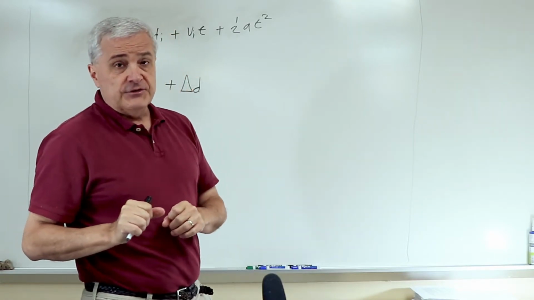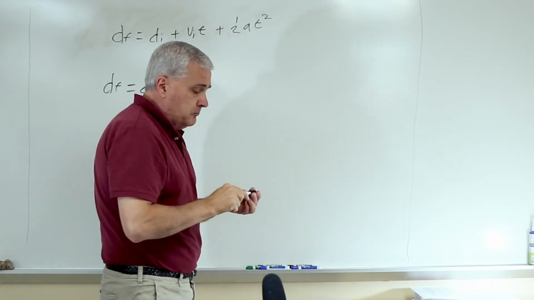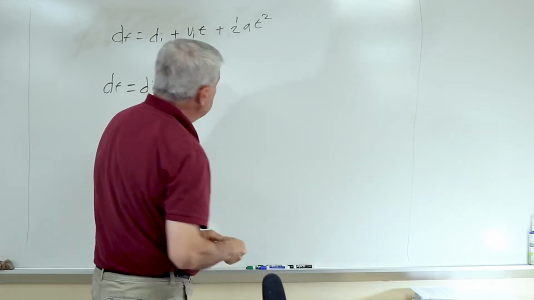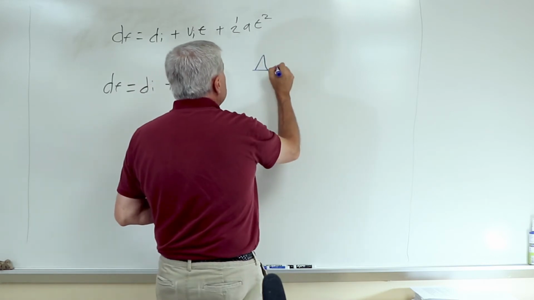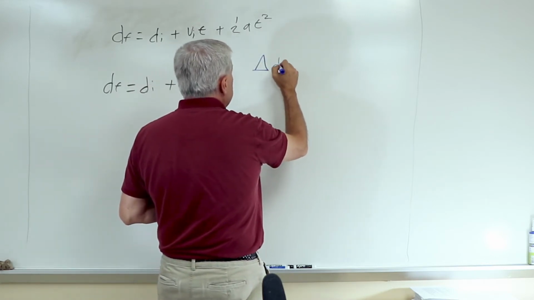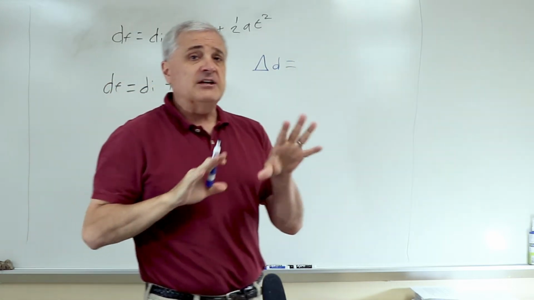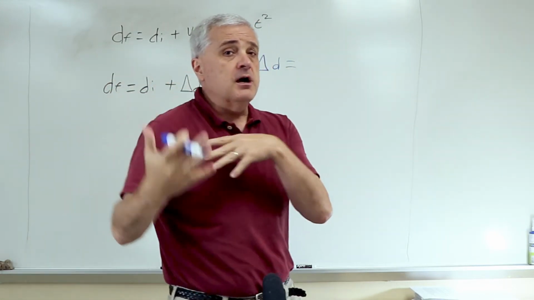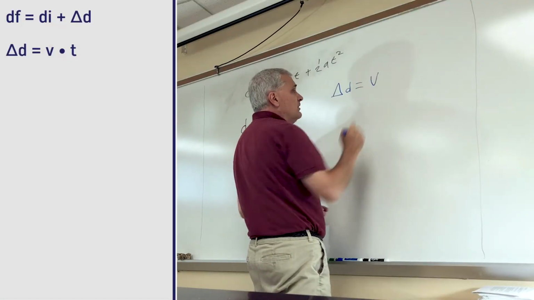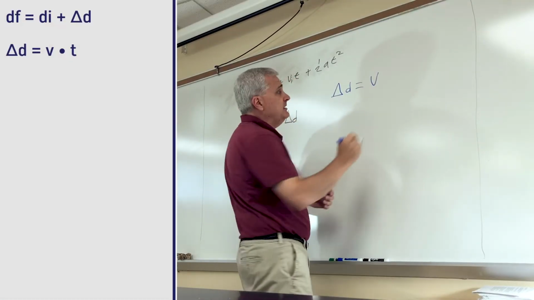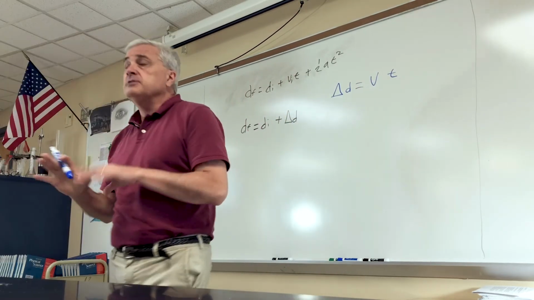Well, delta D is found over here. We'll go to blue. I'm doing some scratch work here. Delta D is how fast was it going and how long did it move. So we're going to call this V, the velocity, and T, how long did it move.